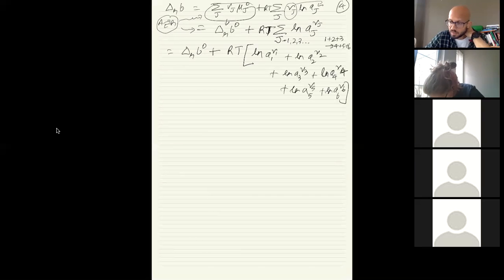Notice I didn't put any minus sign because that is already accounted for in nu. But in general, you will have as many terms as it goes.